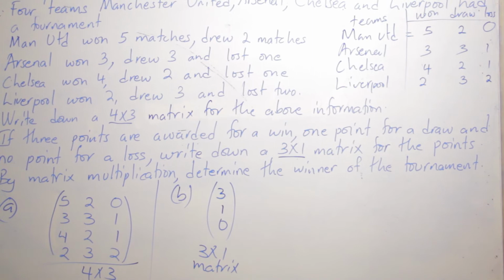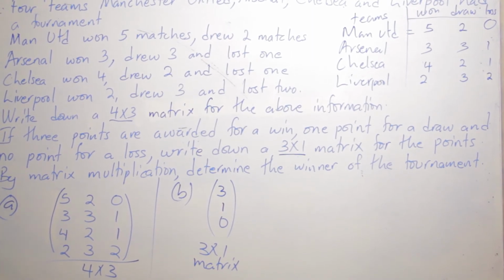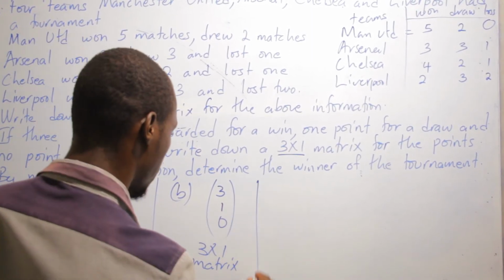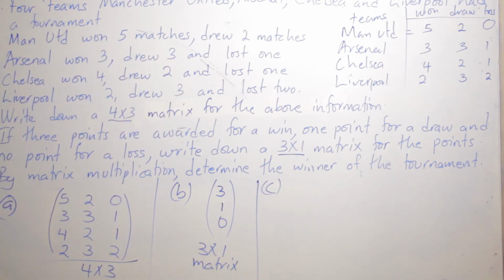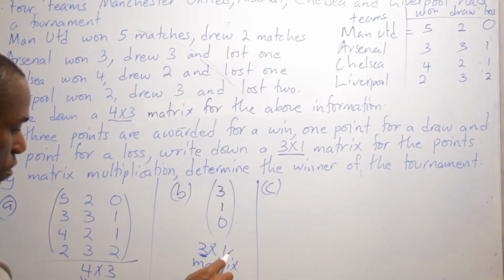Then also a mistake is made when multiplying, that is the part C. They're telling us by matrix multiplication, determine the winner of the tournament. Now we have to just multiply these two matrices, but not forgetting that that figure there should be the same, and the resultant matrix is those figures at the extreme end.